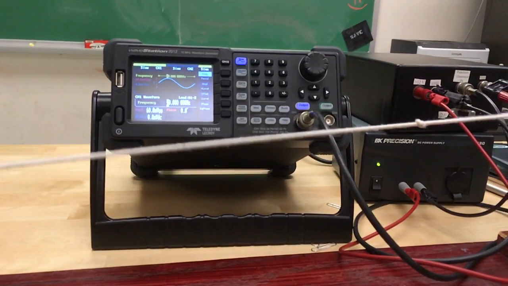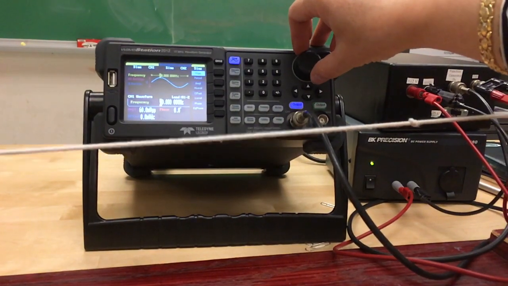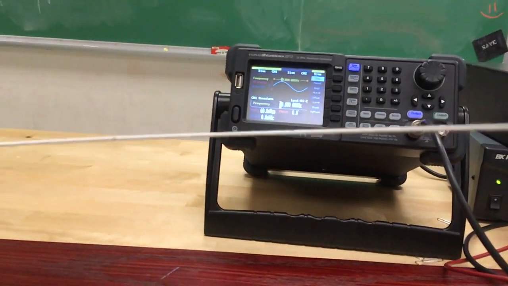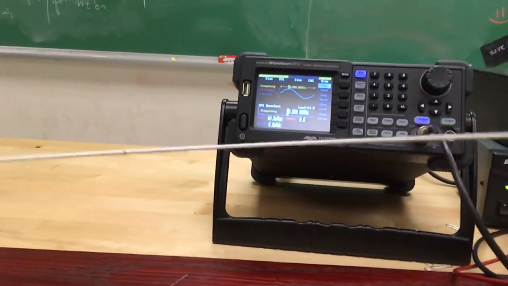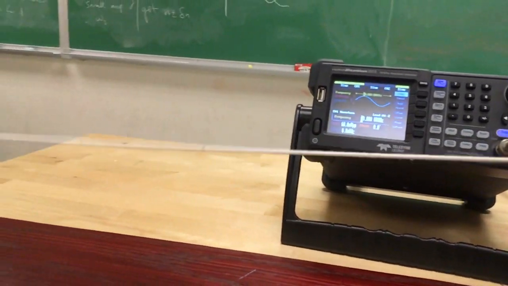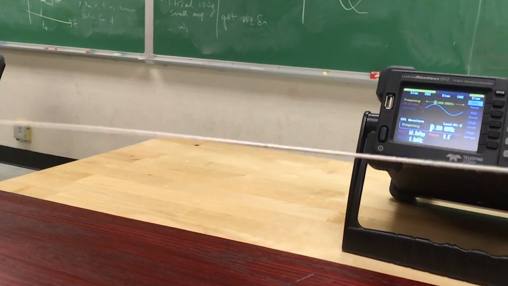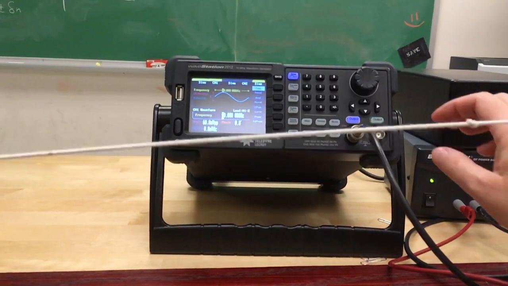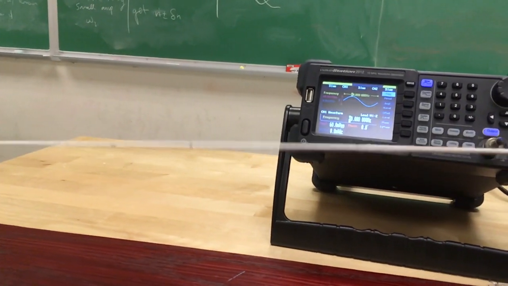I'm going to want to get more standing wave patterns, so I'm going to increase the frequency, and now I see that there is a node over here, there's an antinode over there, and there's probably another node at the pulley at the other end. So increasing the frequency, you're going to get more standing wave patterns.